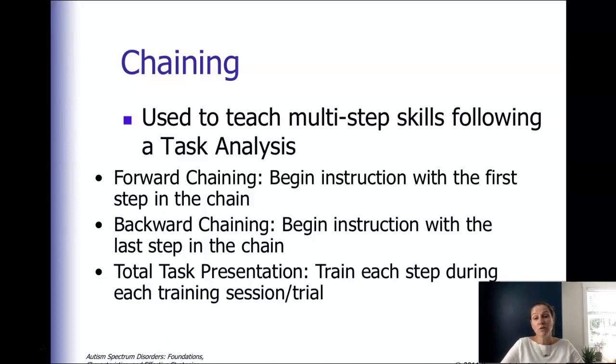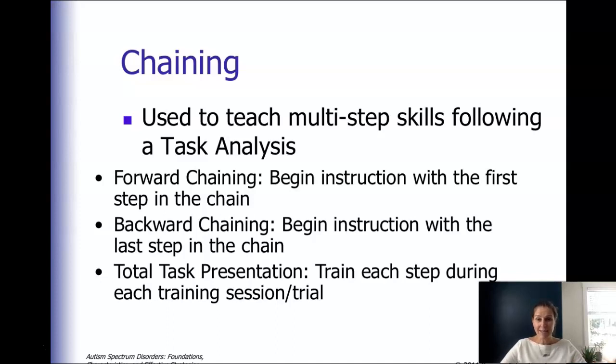And then you can use either forward chaining, so you begin the instruction with the first step, or you could begin the instruction with the last step in the chain, and that's backward chaining. And the final thing that you could do is train all of the steps, each step during every session.